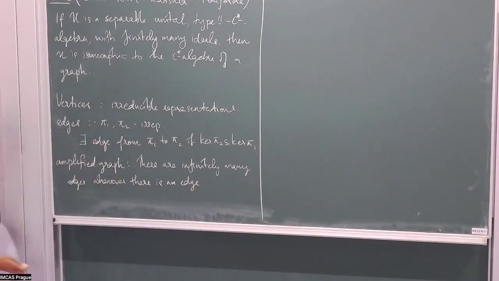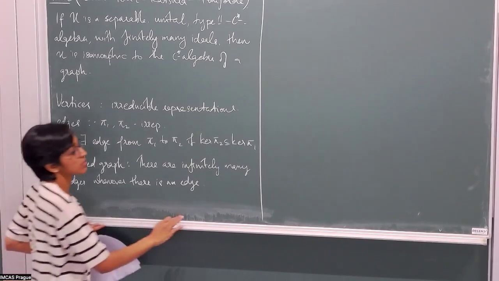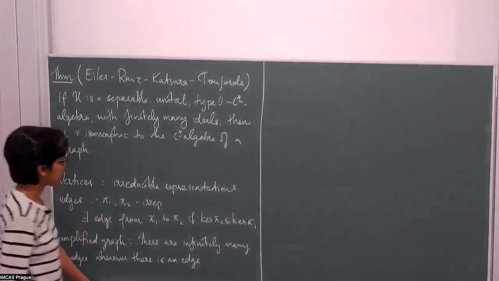So if I forget to write infinity at any point from now on, just assume that there exist infinitely many edges, because that is the case that we will be considering.